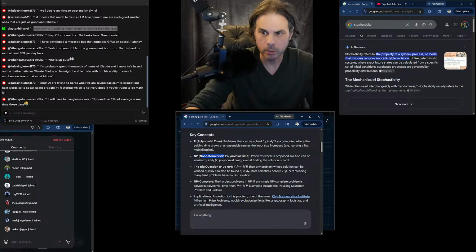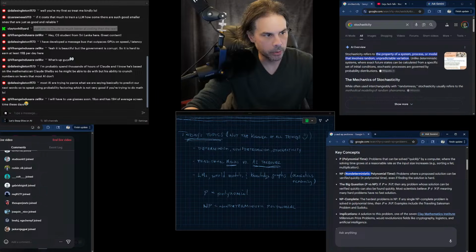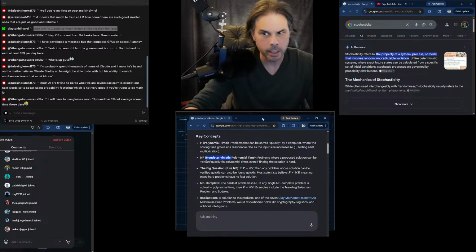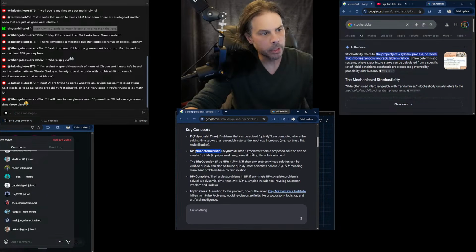It's non-deterministic, which makes it potentially in another space than P. So the only difference between these two classes, this one's polynomial, this one's also polynomial, is this one word in front of it, non-deterministic, which, again, going back to the things we're talking about, is this thing. Trust me, this is all going to make sense in just a second. So we read what this says: problems where a proposed solution can be verified quickly. Okay, yeah.